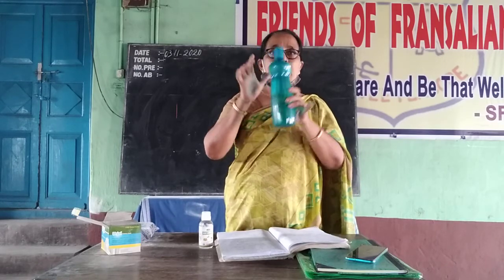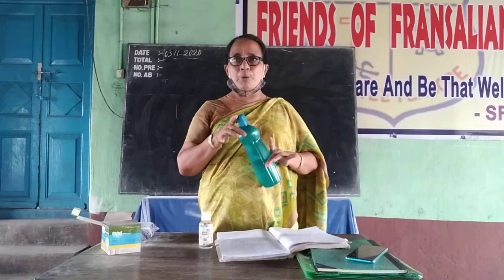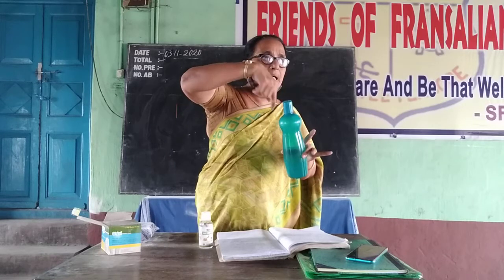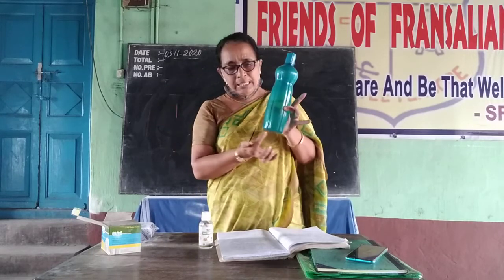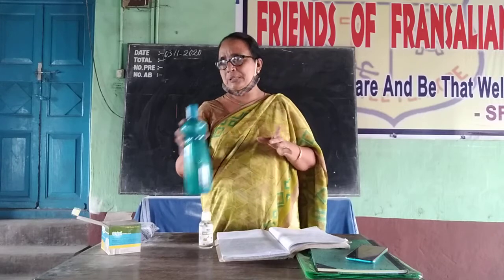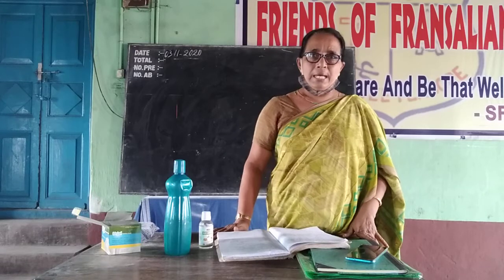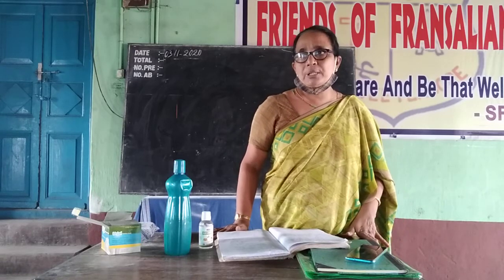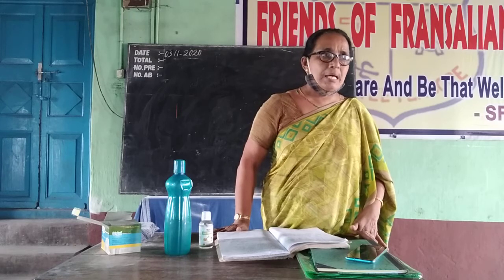Now if you consider the capacity of this bottle, how much water can be filled in this bottle? For that we have to get the internal volume. Same formula: internal base means pi small r square into height. That is the capacity of the cylinder, or how much water can be filled in that cylinder.